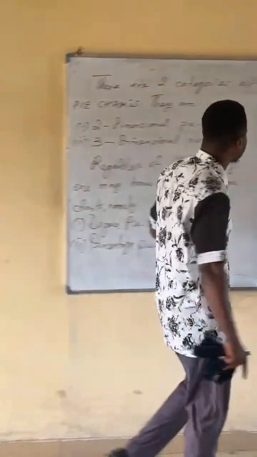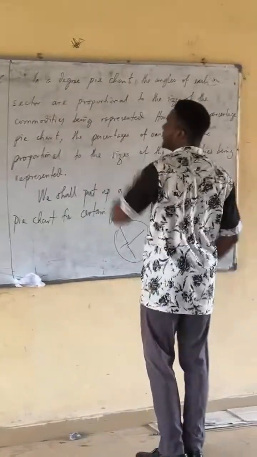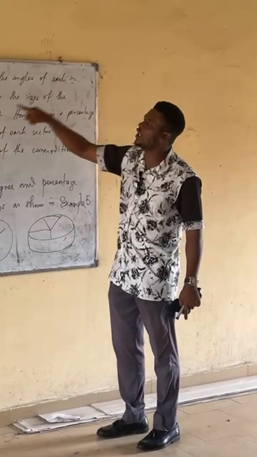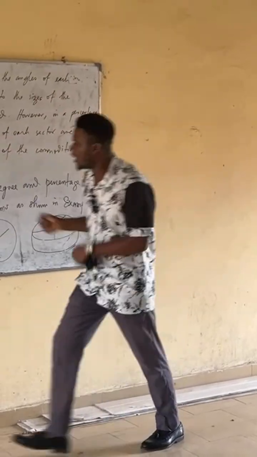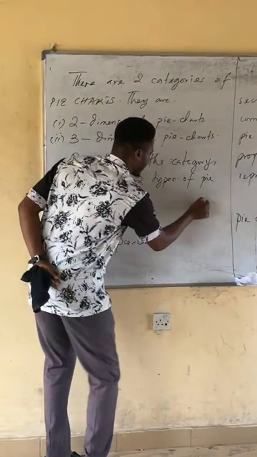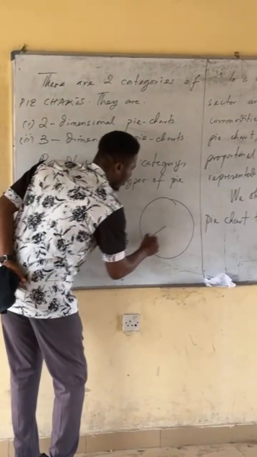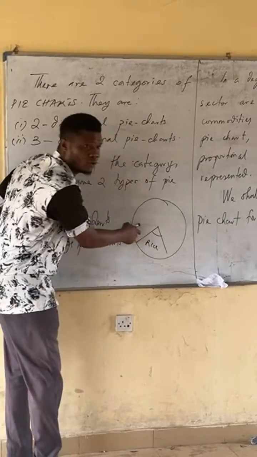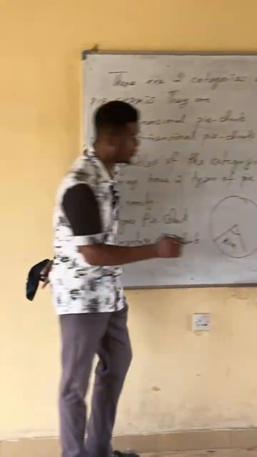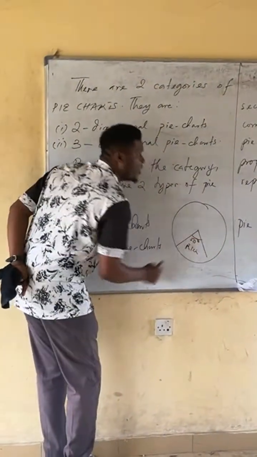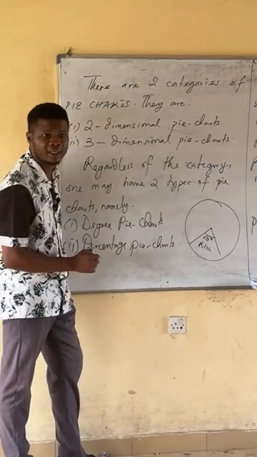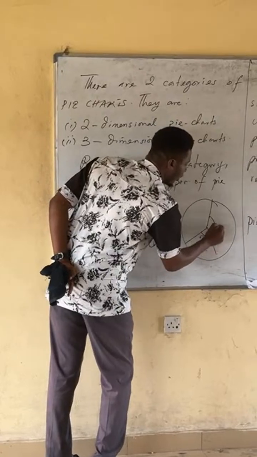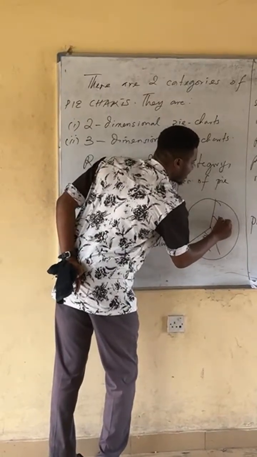Now, what is a degree pie chart? In a degree pie chart, the angles of each sector, that is, a degree pie chart looks something like this. So I could have here rice, and every sector has an angle. So rice, we may give 50 degrees. Then beans may be what? 160 degrees.